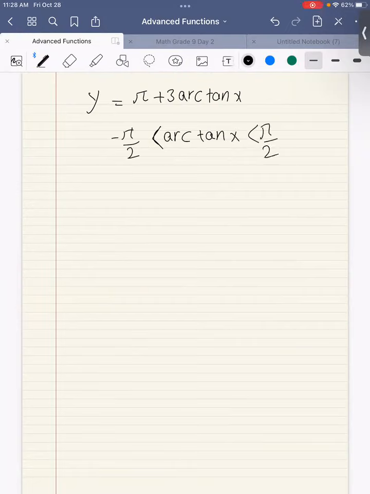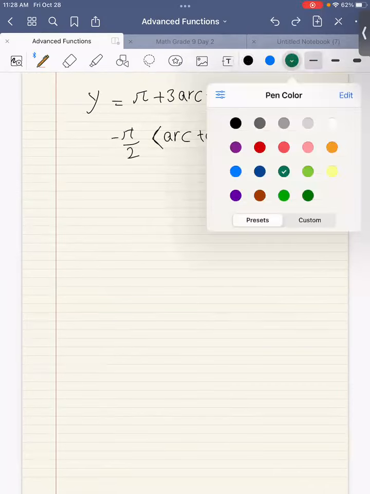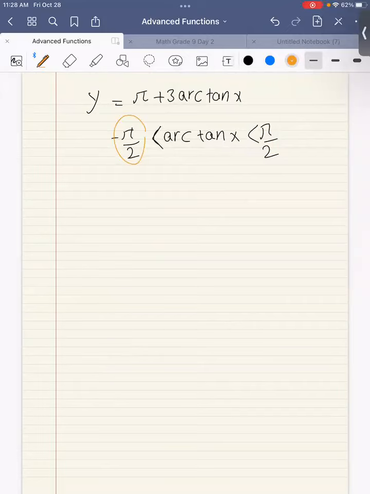And these two, y equal to minus pi half and y equal to pi half, are the horizontal asymptotes.